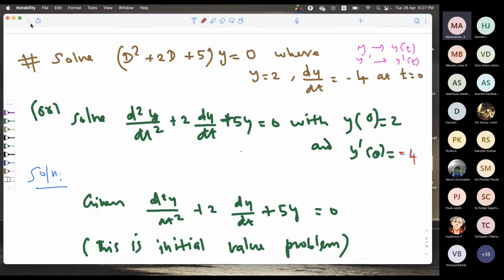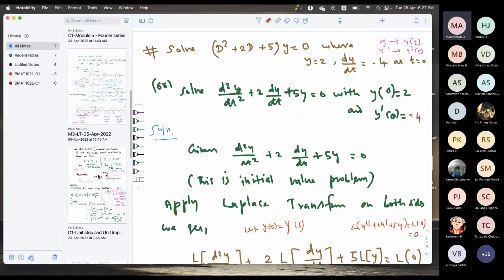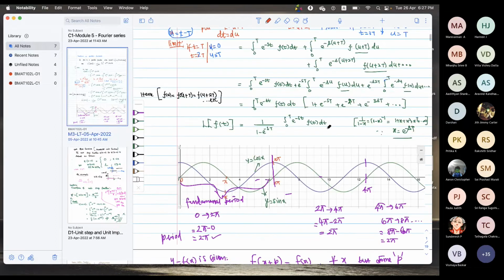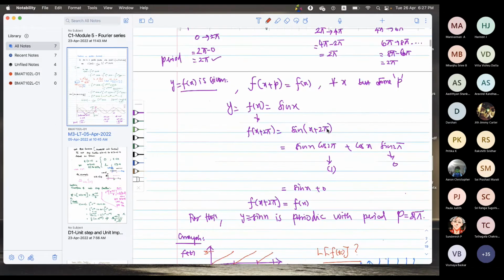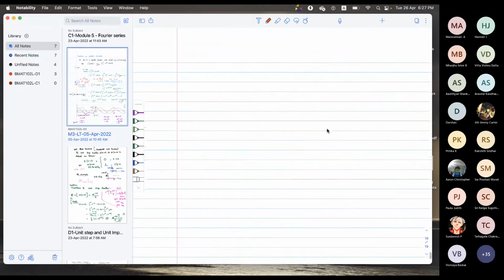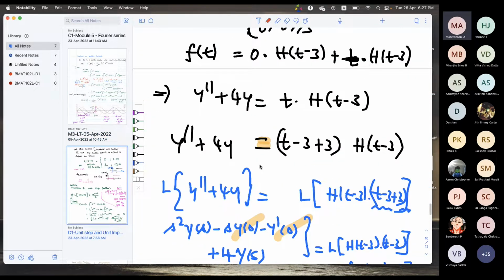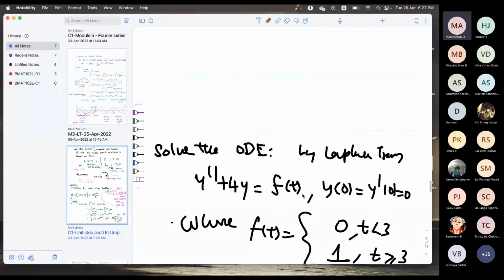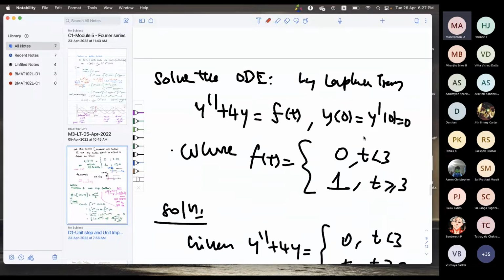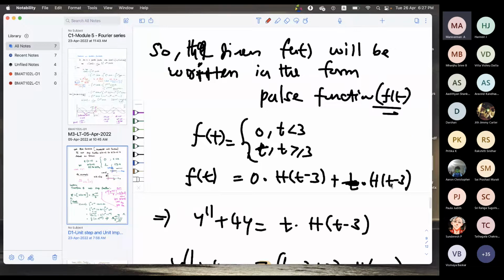And after that, we discussed Heaviside functions in the last class, right? How to write a function of t, if it is a piecewise function, in terms of the Heaviside functions. Is it clear?